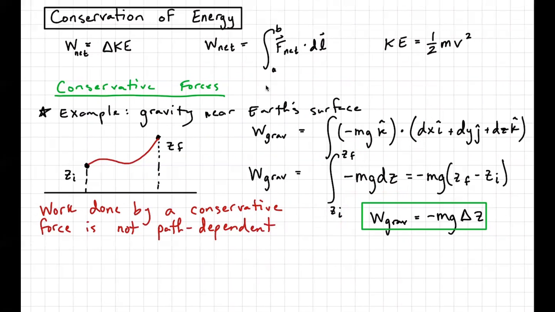And so this expression for the work done by gravity is true for any path from our initial and final spots. In some sense, this makes sense. You don't have to do any work on an object to move it horizontally if you're talking about the work done by gravity, but you do have to do work to lift it.